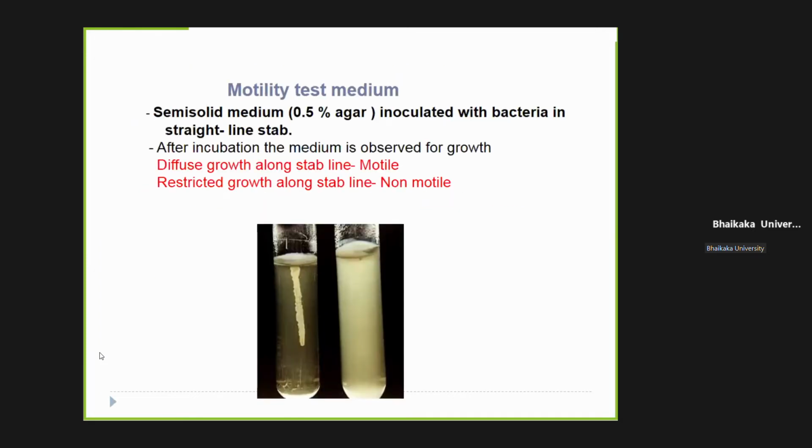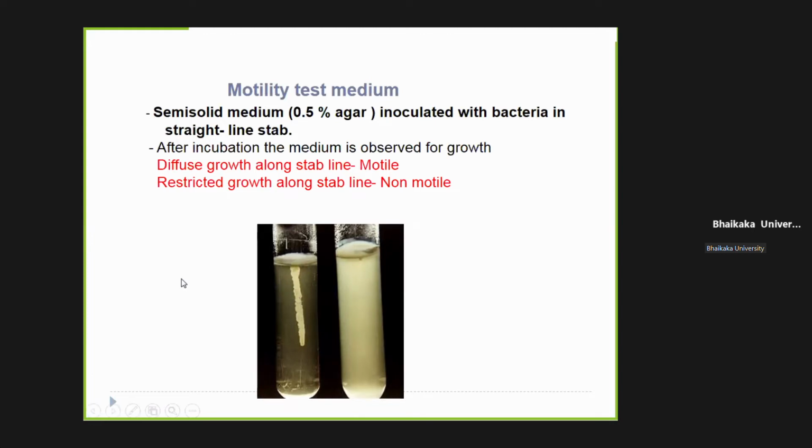Another method is by using semi-solid medium, in which the agar concentration is less compared to solid media, around 0.5%, and in which the sample is inoculated in a straight line, which is known as a stab culture.